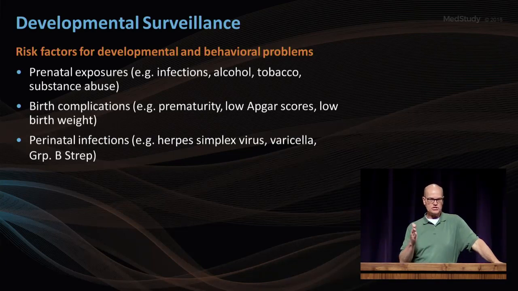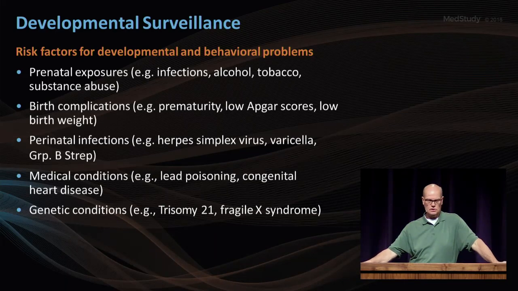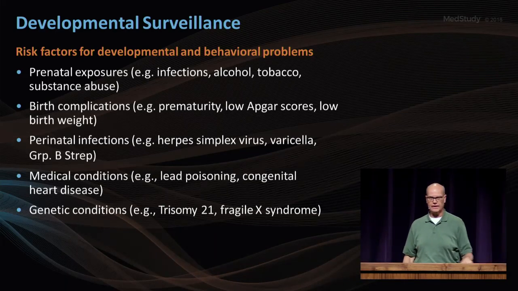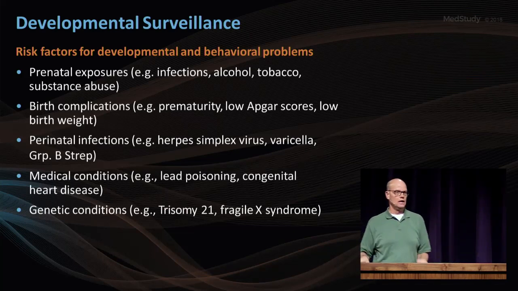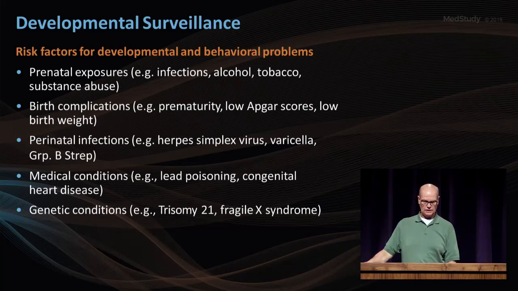So the next best step, once this concerning information is identified, is to move into more of a developmental screening and medical evaluation platform. And so whether they're prenatal exposures, birth complications, perinatal infections, underlying medical conditions or genetic conditions that you've identified, then obviously this subset of patients is going to need additional evaluation and consideration.